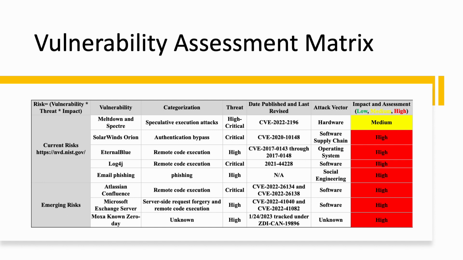You have a bunch of highs for SolarWinds Orion, EternalBlue, Log4j, email phishing, and many other things. This vulnerability assessment matrix is created to highlight some of the vulnerabilities we have within our environment. On the next slide, we'll talk about what we should do to mitigate these issues.